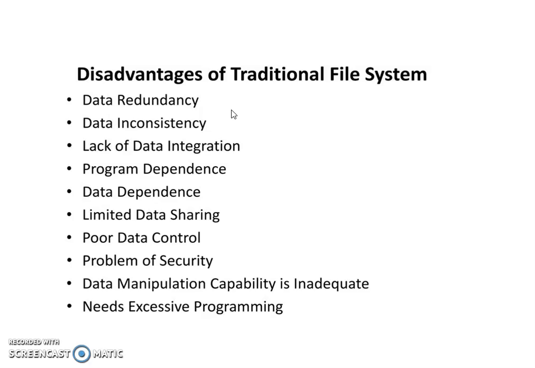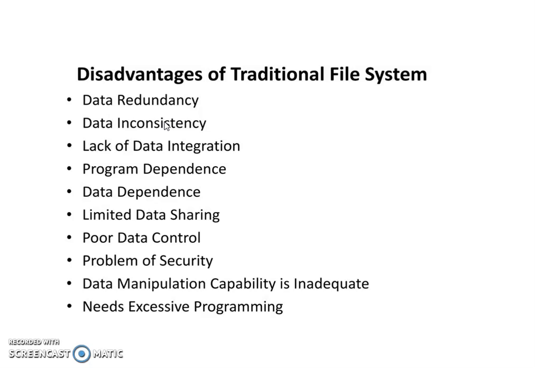Now the next one is data inconsistency. When data is to be updated, data redundancy may lead to data inconsistency. Data inconsistency occurs when the data is not updated in all files simultaneously.